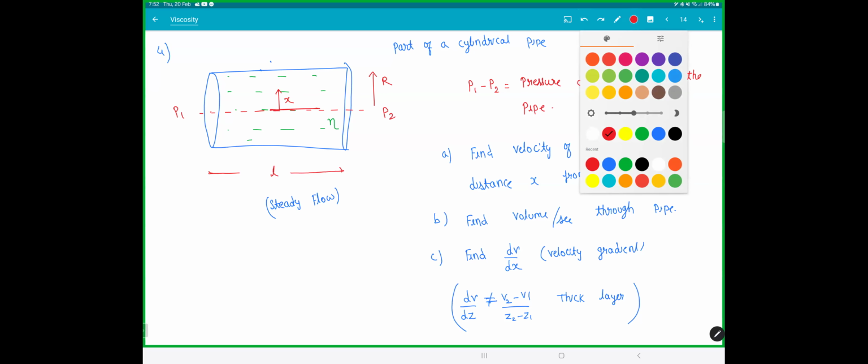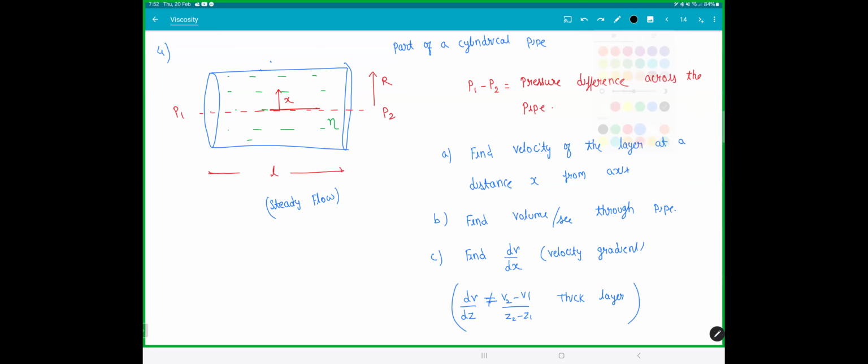Let me give an idea. Can you draw the FBD of this thin cylinder and tell me what the forces on it are? Take a cylinder at a distance x like this. Take a cylinder of thickness x and draw the FBD.